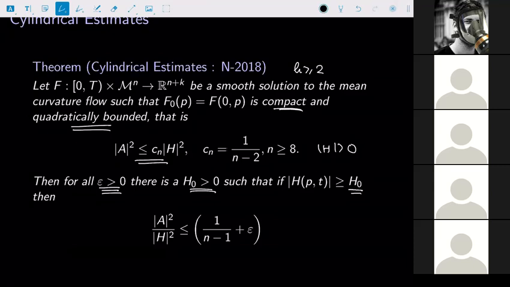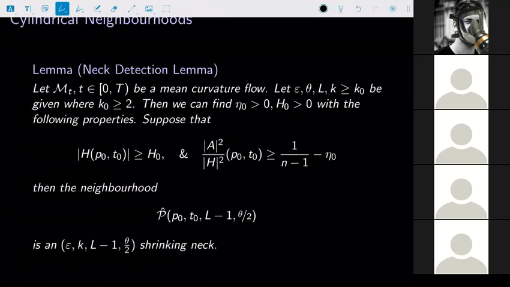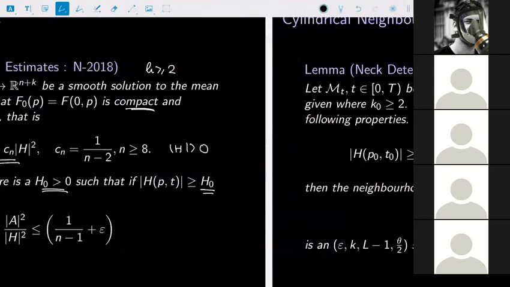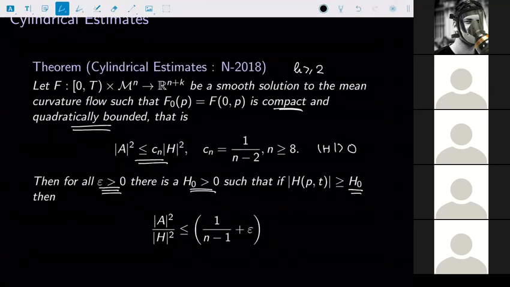And you prove that by a contradiction argument with the evolution equation of |A|^2 divided by H^2. If you look at this result, it doesn't actually say that the submanifold is becoming cylindrical.